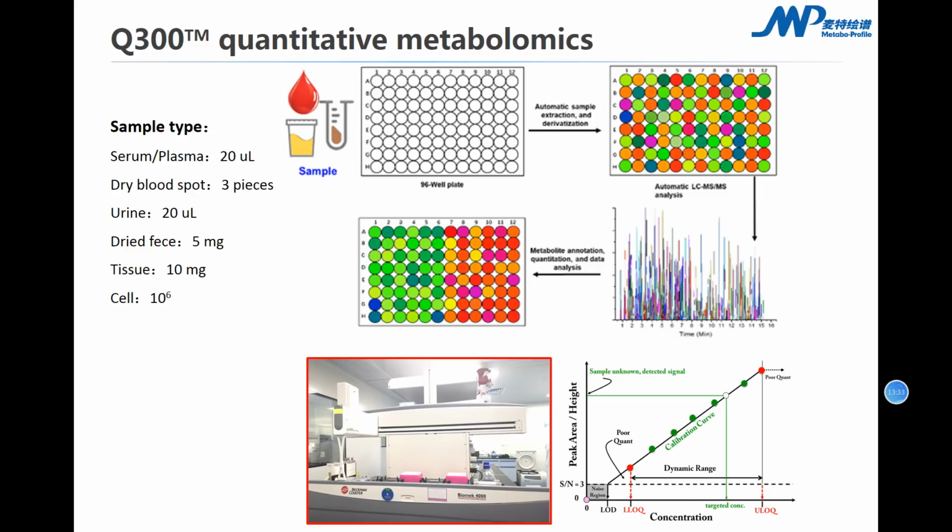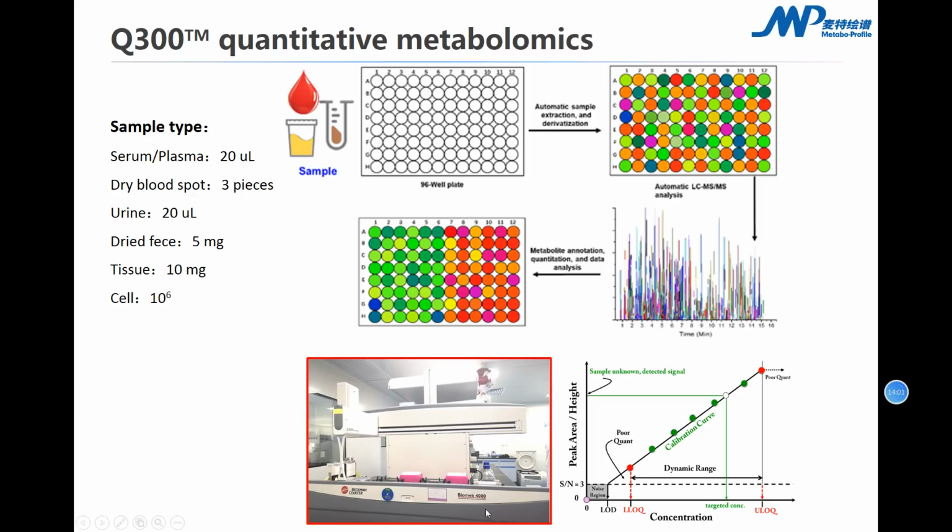The Q300 quantitative metabolomics is highly automatic. The sample processing is very simple. The experiments were performed in 96 well plates. Procedures like metabolite extraction, derivatization, and dilution can be performed in an automatic pipette workstation.